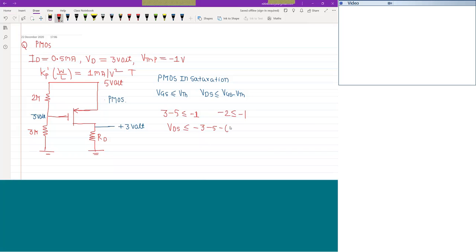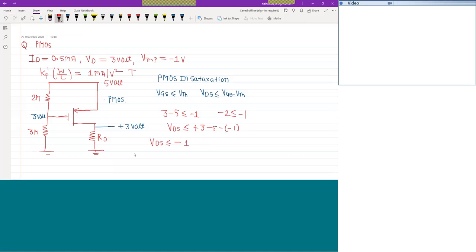And VTH is minus 1. So you can say VDS should be less than or equal to minus 2 plus 1, which is minus 1.